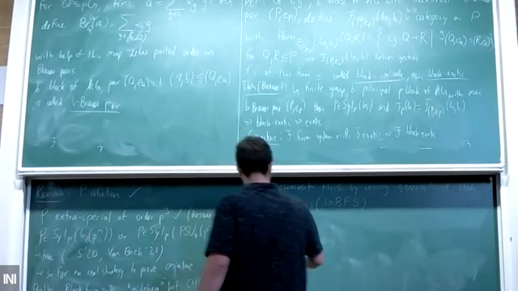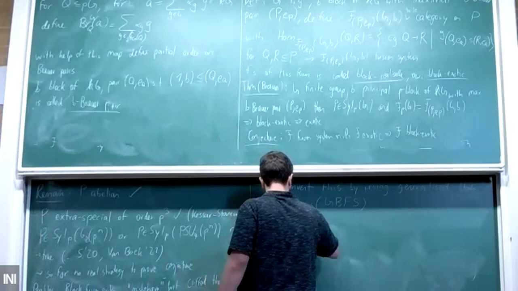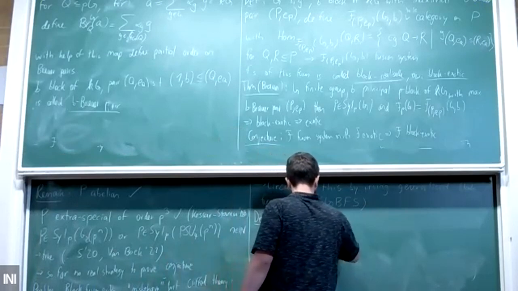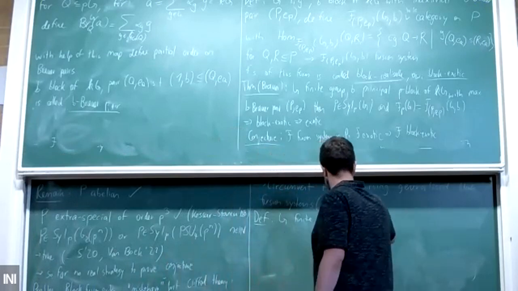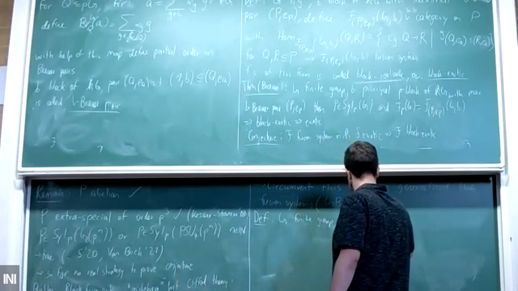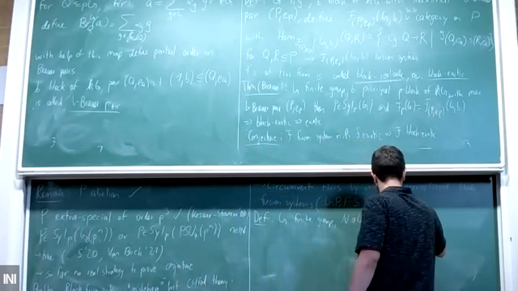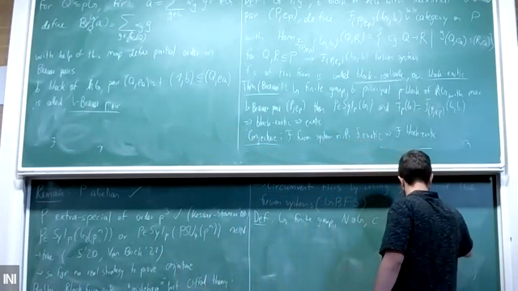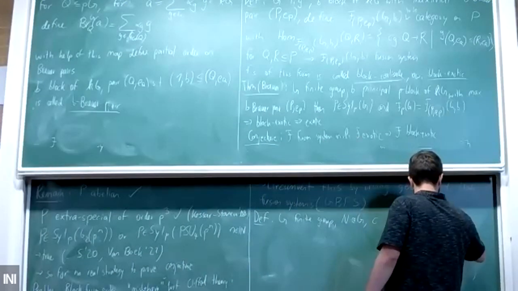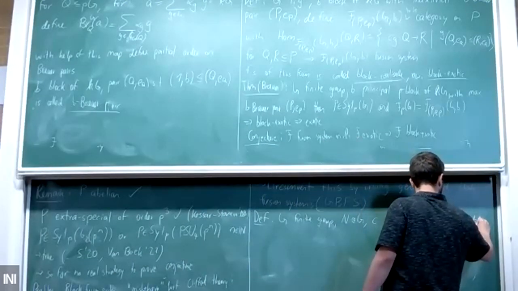So we take G to be a finite group with a normal subgroup N, and C shall be a G-stable block of kN.